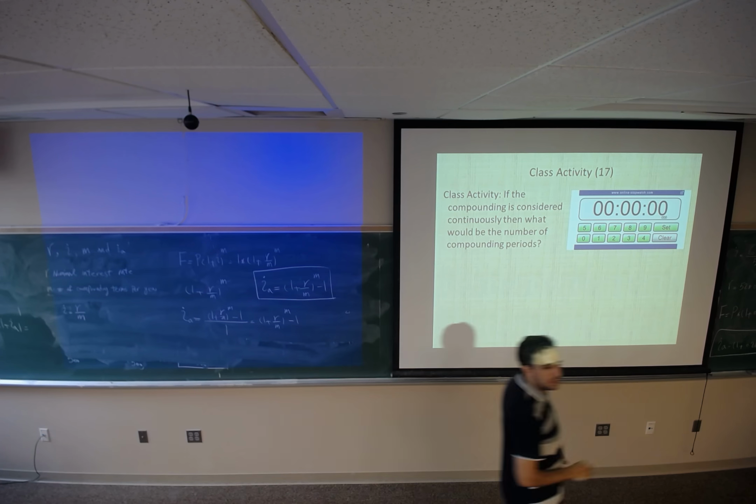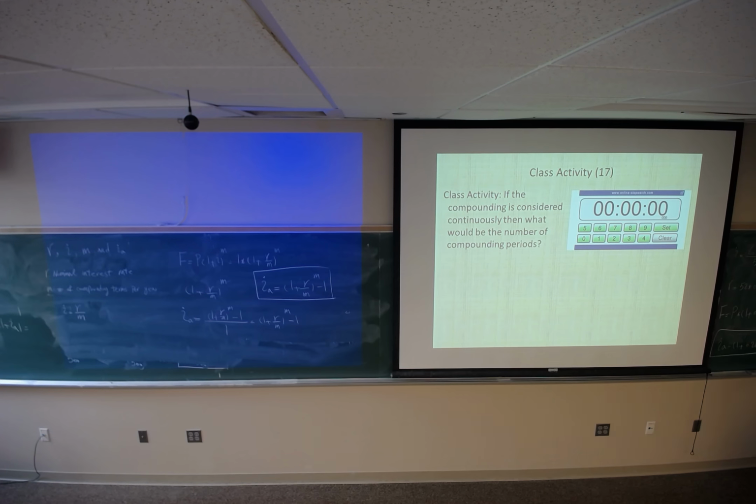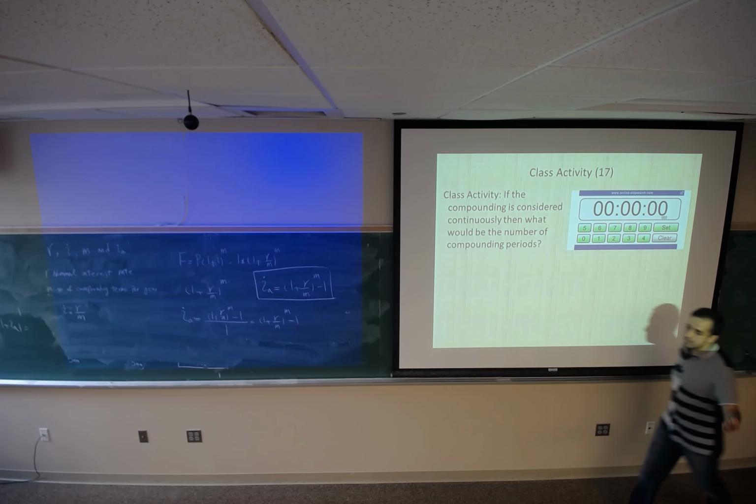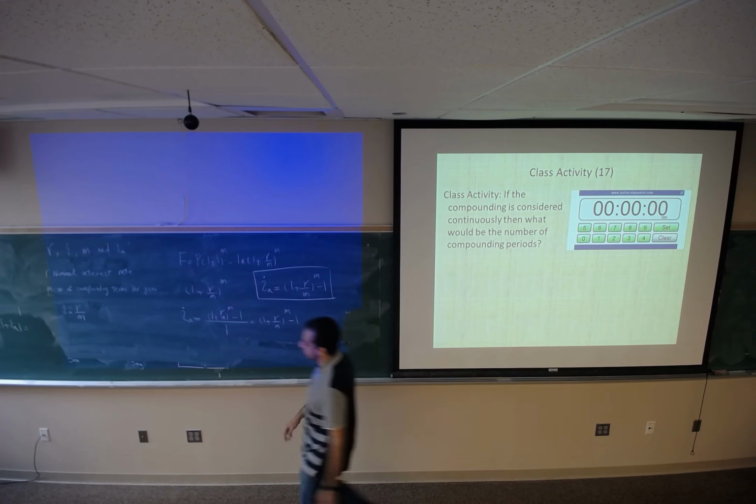So how many periods of time do we have if we consider compounding continuously? If it's daily, it's going to be 365. If it's weekly, it's going to be 52.